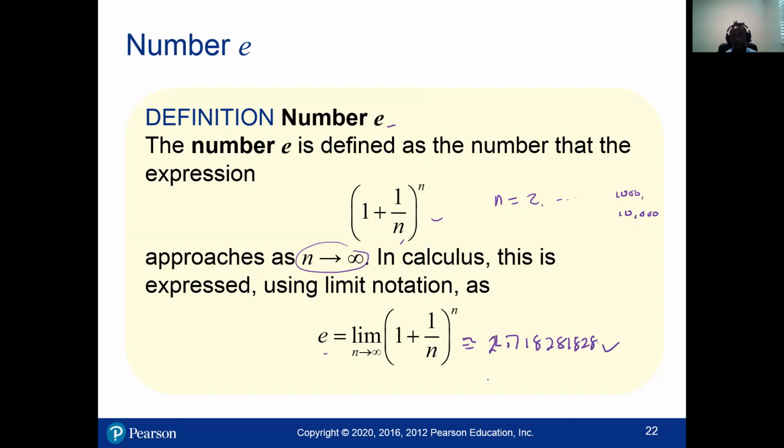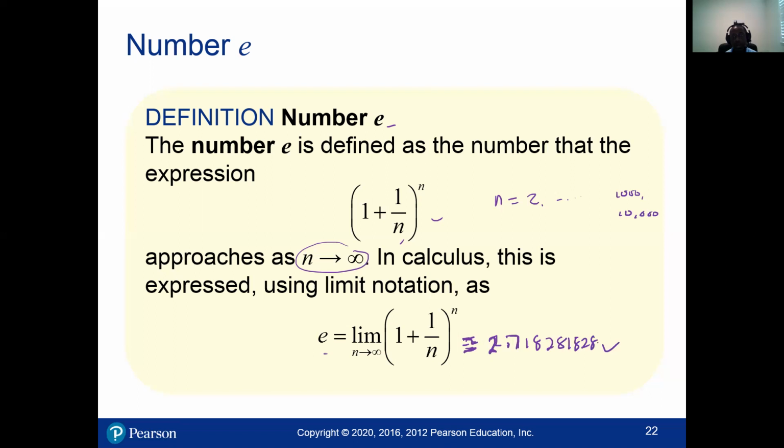You can try it using a table. You increase the n, increasing by 1,000 and 10,000 and so on, and evaluate this expression, and you always approximately get this value, 2.71828, in that order.